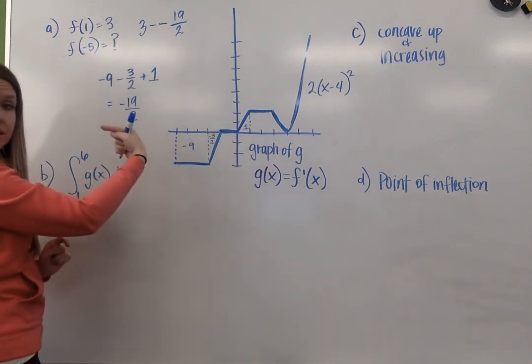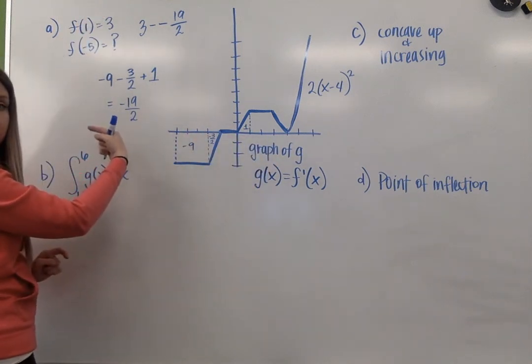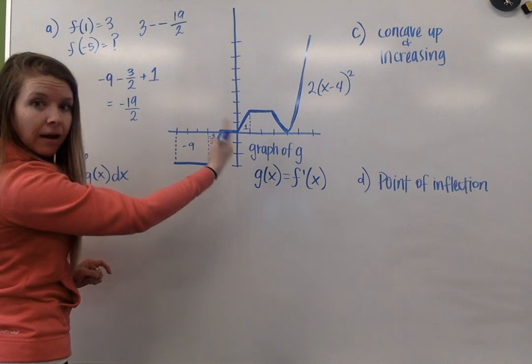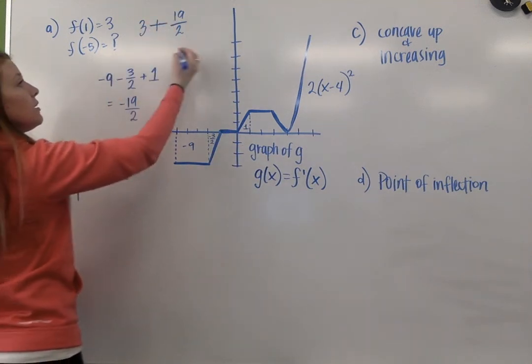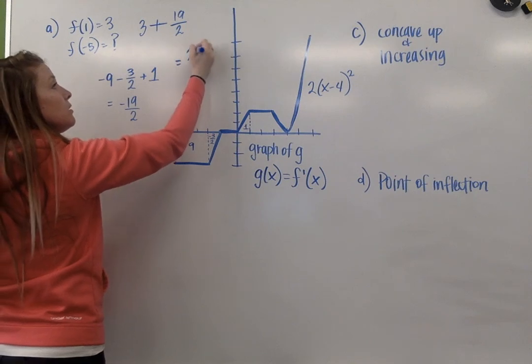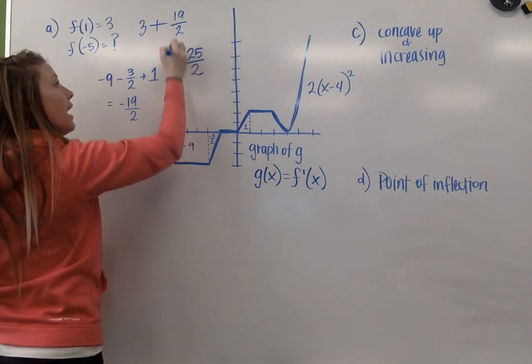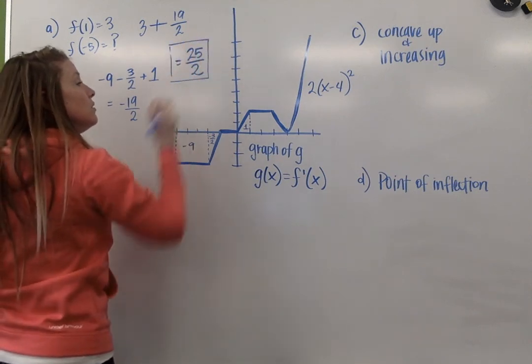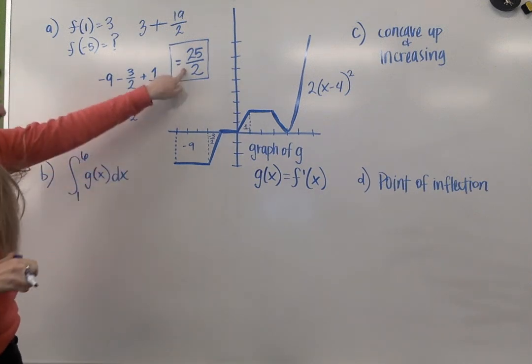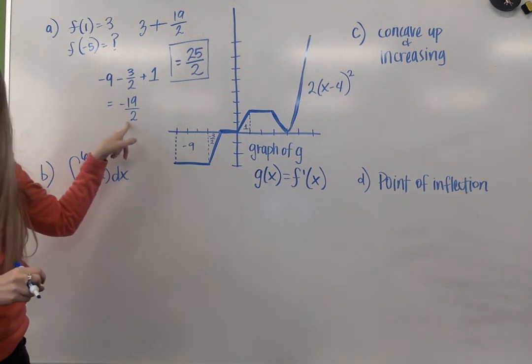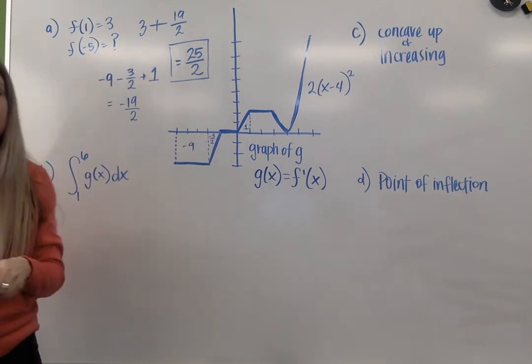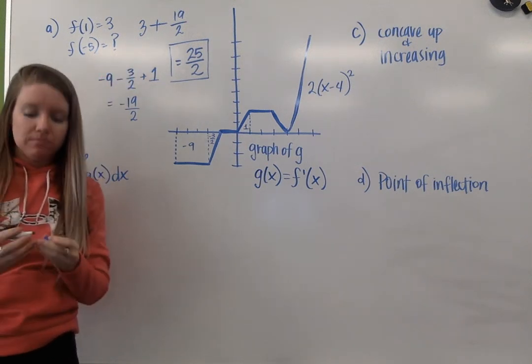I'm subtracting because where did I start? And now I've ended at 3. So I'm going to end up adding those together, which ends up giving me a 25 halves. So if I was at 25 halves, the displacement was negative 19 halves, would end at me being at position 3.